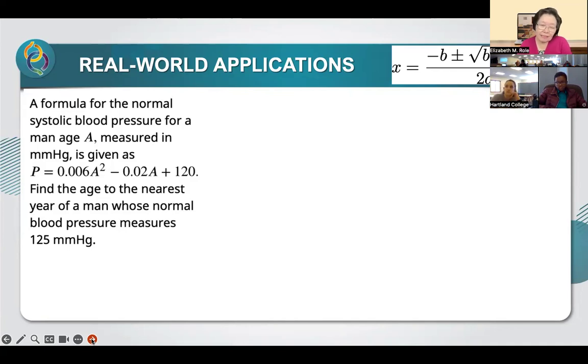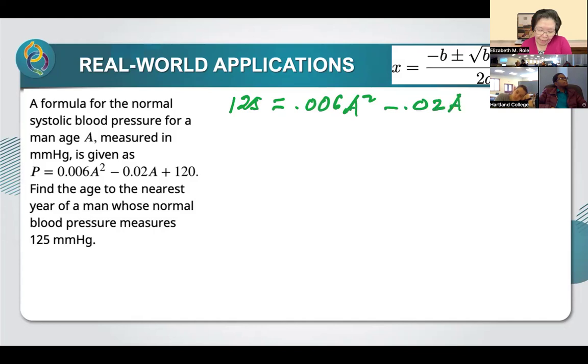So what we do is we substitute our P, 125 is equal to 0.006 A squared minus 0.02 A plus 120. That's not yet the quadratic equation that we'll be using.